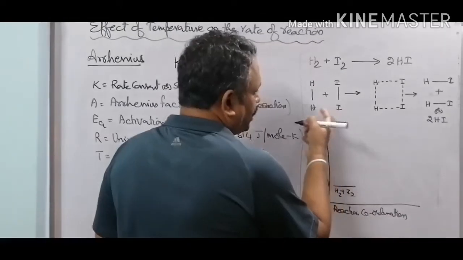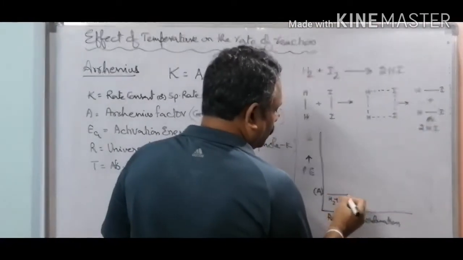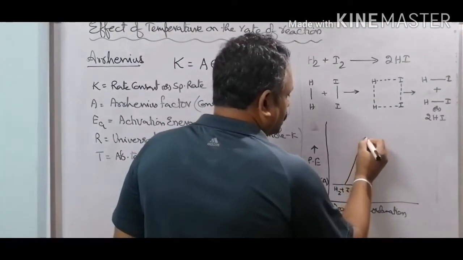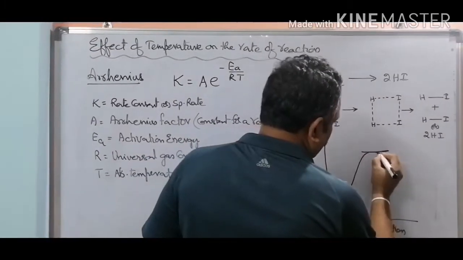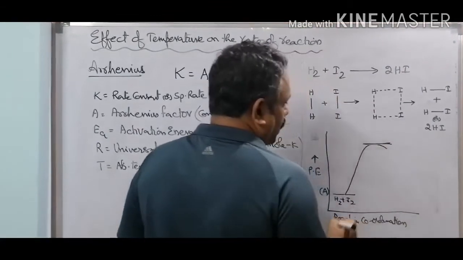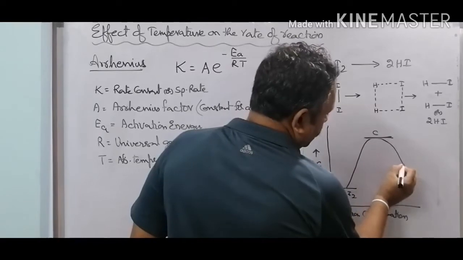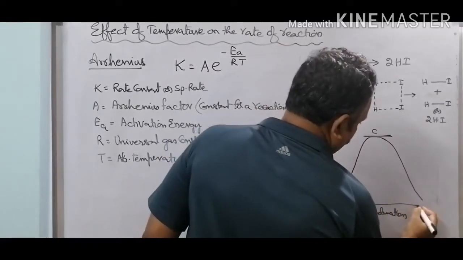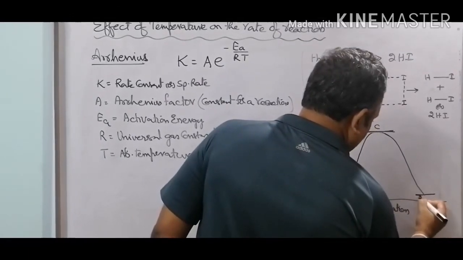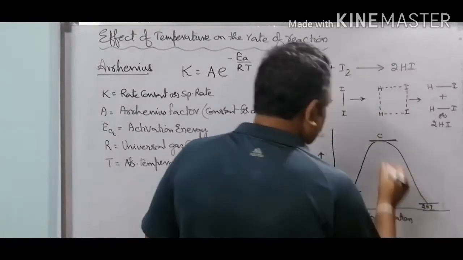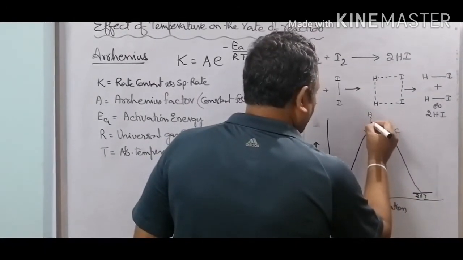As they are colliding with each other and trying to change into product, they rise to a certain energy limit, and this will be the activated complex state. Let us call it C. After reaching that complex state, they come down to the product side and form products with lower energy. This is your 2HI. So C refers to the condition of this activated complex.